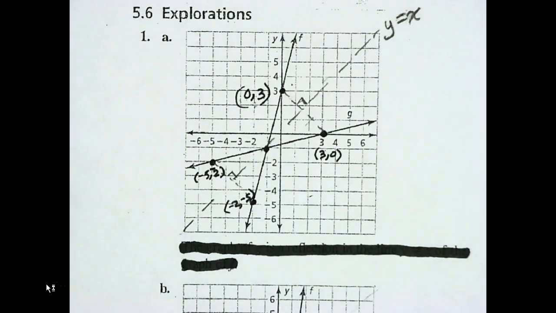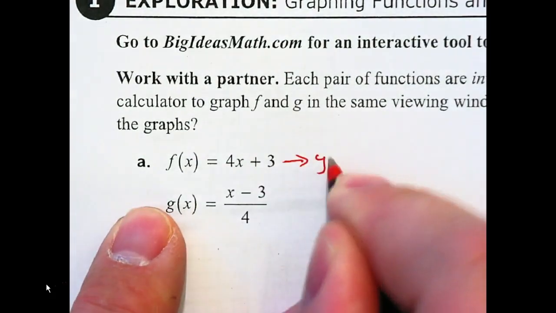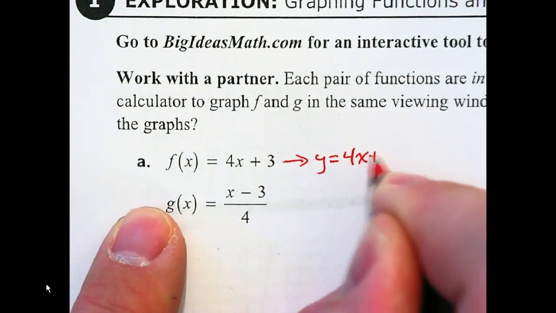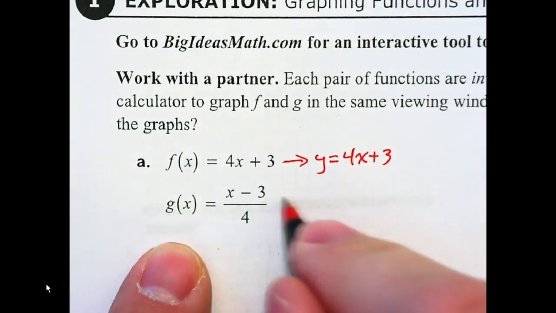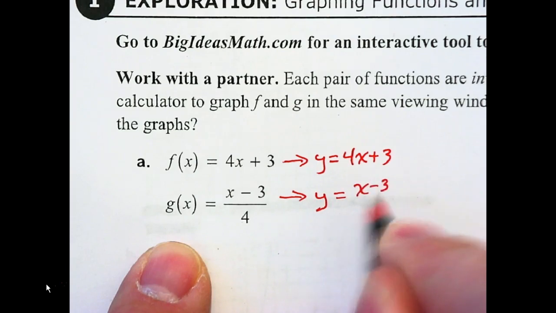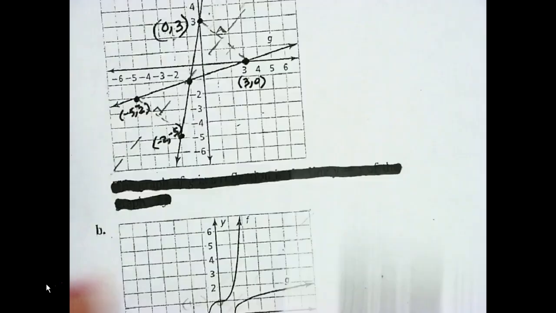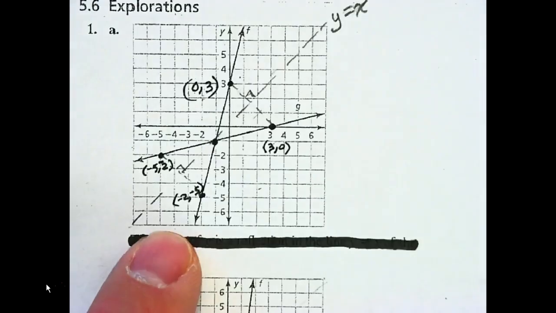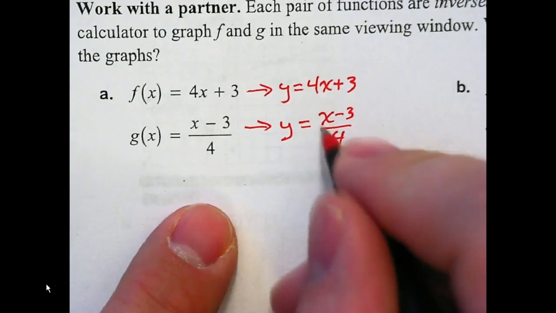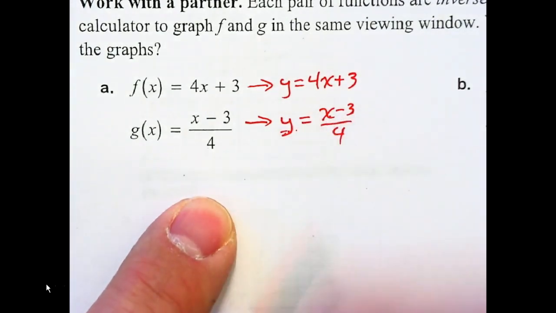So if I went back to this equation right here for part A, this says, really, y equals 4x plus 3. That's when we say f of x is the same thing as y. And this says y equals (x minus 3) over 4. Now looking at those may not look like inverses, but we know they are. We've graphed them. We've defined inverses. And then if I take this second equation, I say, well, McCoy said I could just switch x and y values.